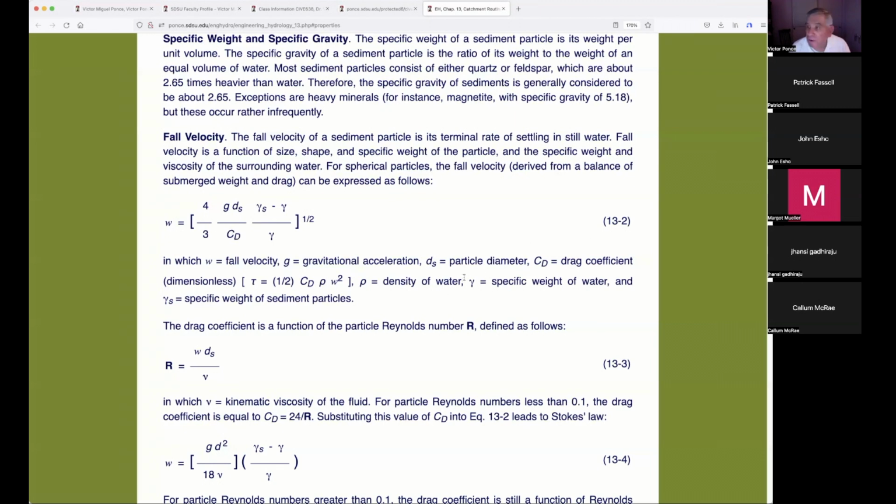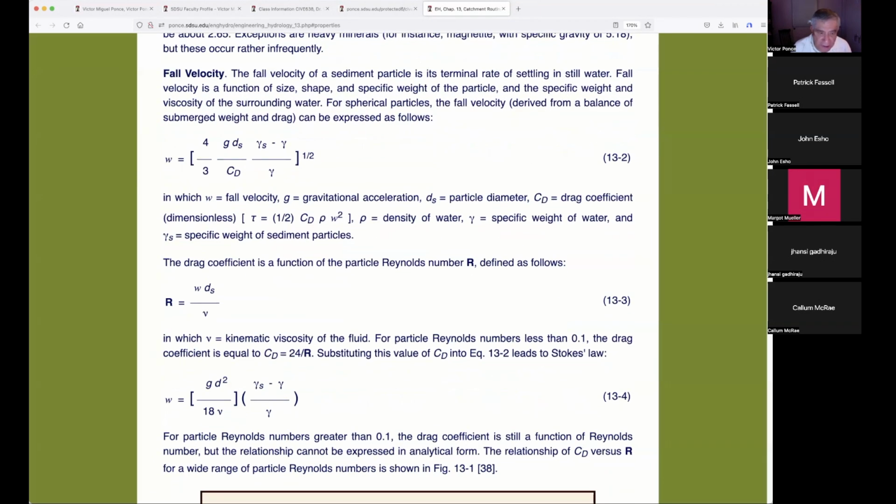Just to simplify things, I have defined here the relationship between the shear stress and the drag coefficient. Rho is the density of water, and W is the fall velocity. So by setting the submerged weight equal to the drag force, you ought to be able to derive this formula. And I've given you that as an exercise to do.